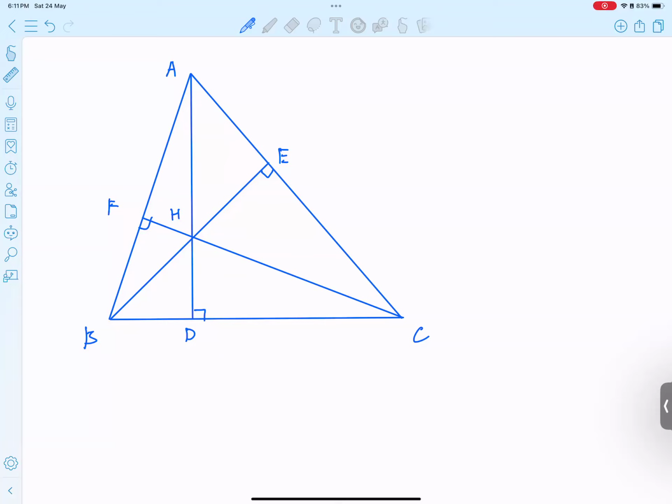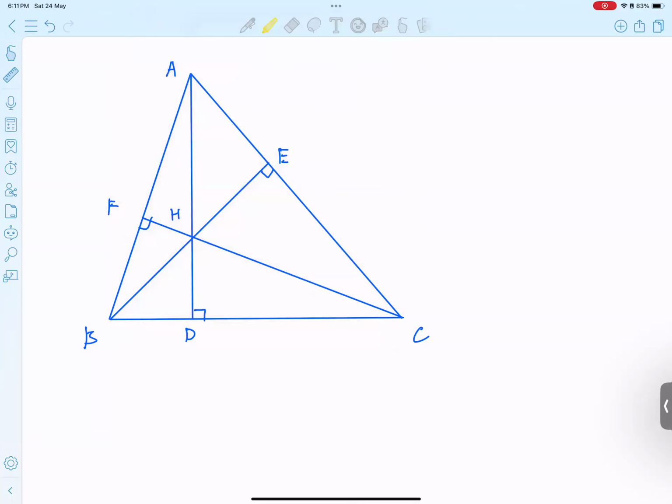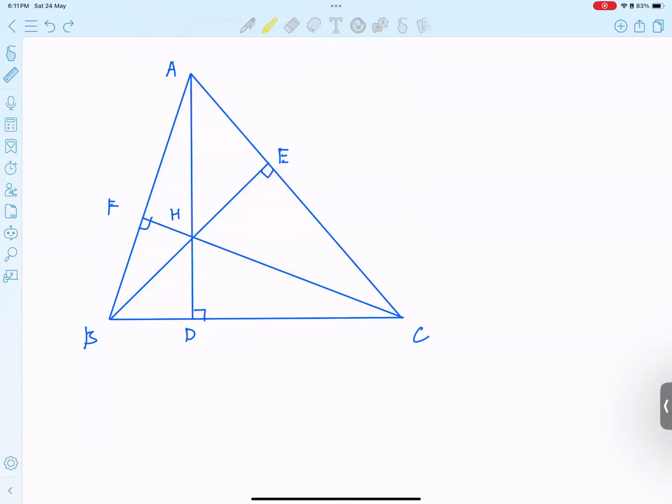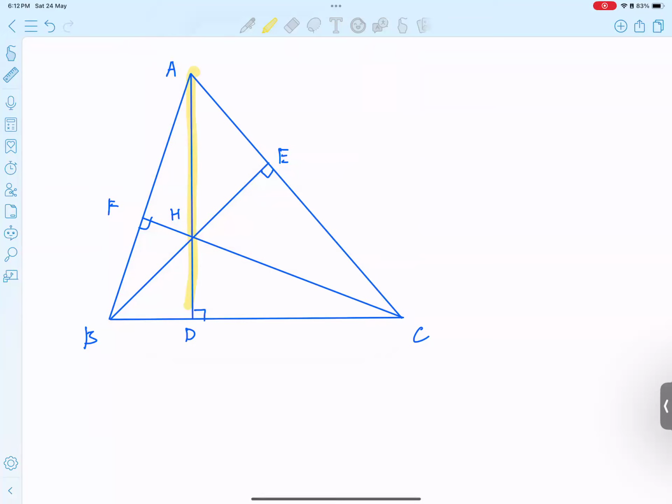All right, cool. So the orthocenter is the intersection of the three altitudes of a triangle, of any triangle. So you see here the A altitude, the B altitude and the C altitude.